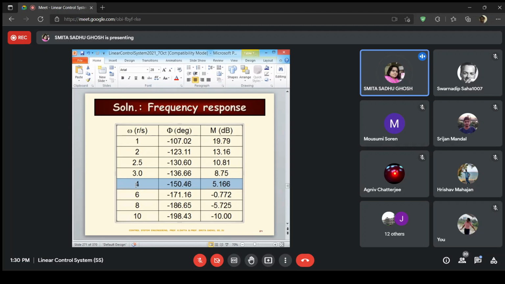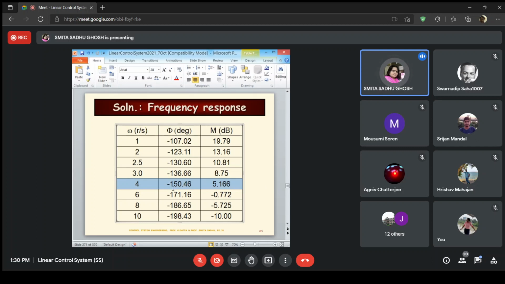Right. So minus 135 degrees is what I'm looking for ultimately from the compensated system. After I use my compensator, my phase value should be minus 135 degree. Now, for my system, it is already minus 150 degree, and I'm going to use a lag compensator. So lag compensator will give me a negative phase contribution. Is it not so?